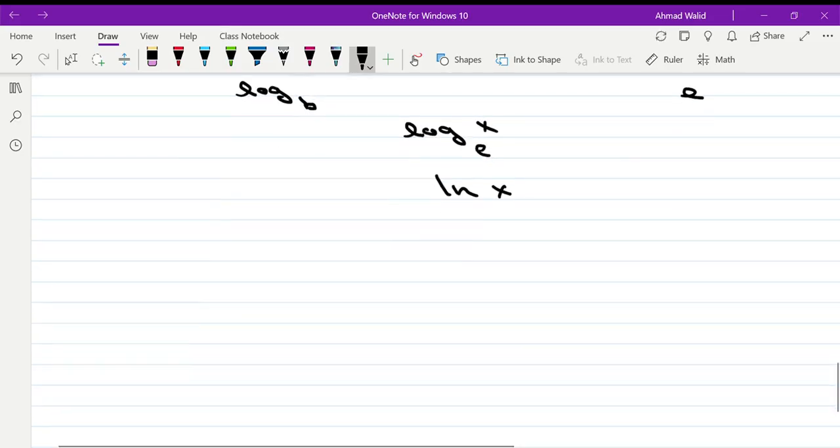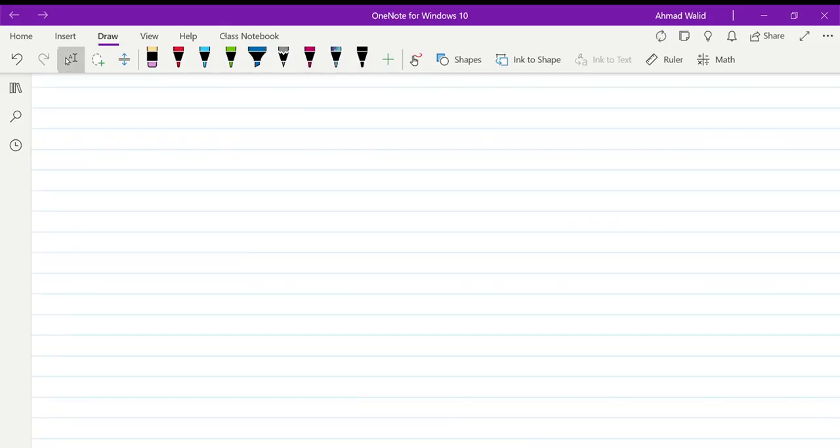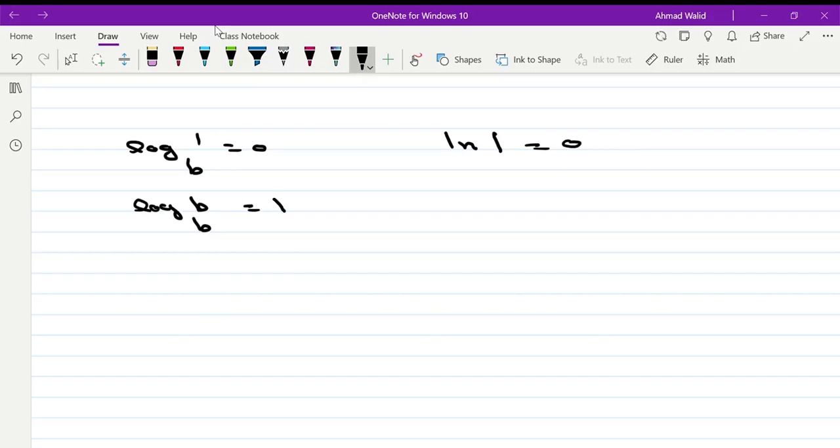For example, if I list it for you, you have log of 1 base b equals 0. Now, you can write ln of 1 is also equal to what? 0. Correct? Or you had log of b base b equal 1. Here, we can say ln of e is always equal what? 1.